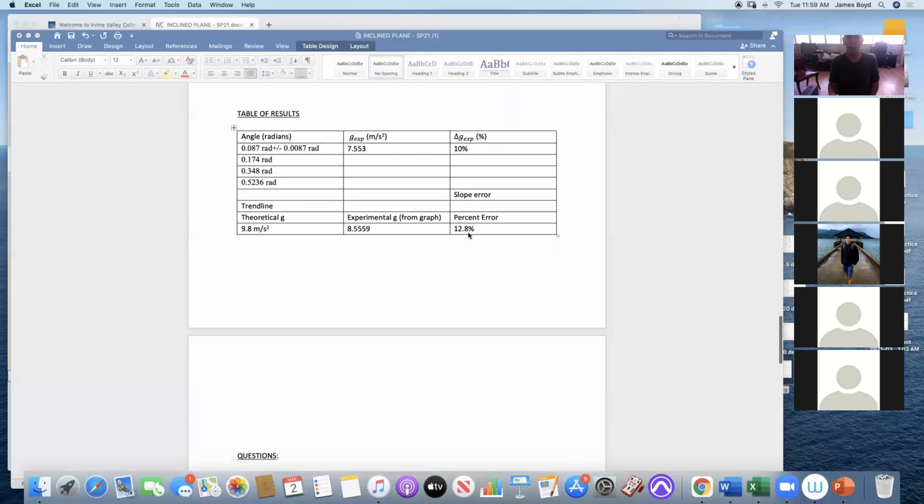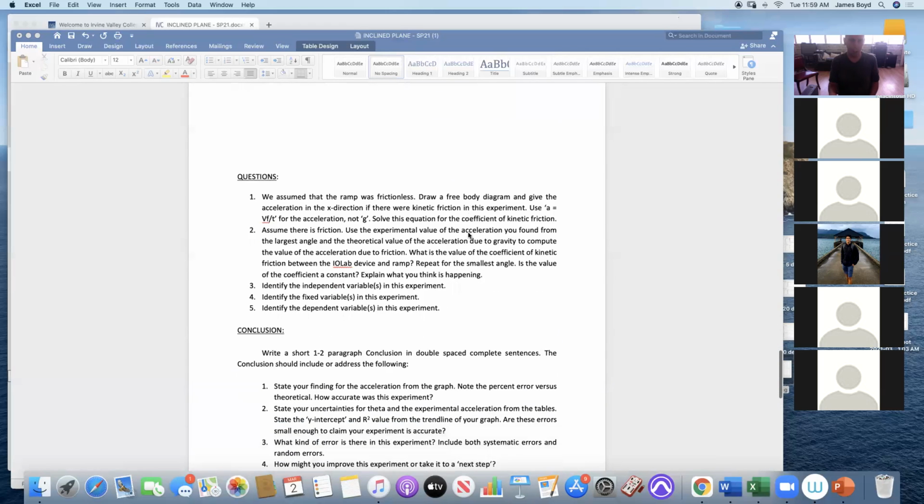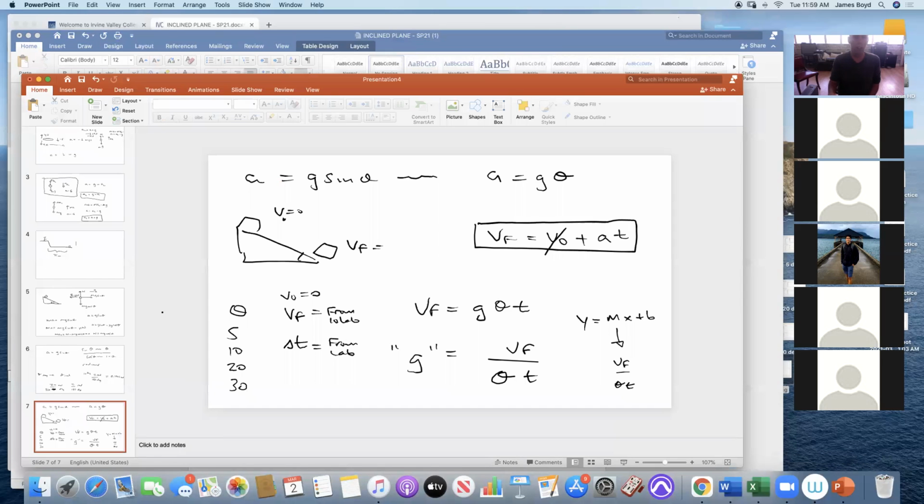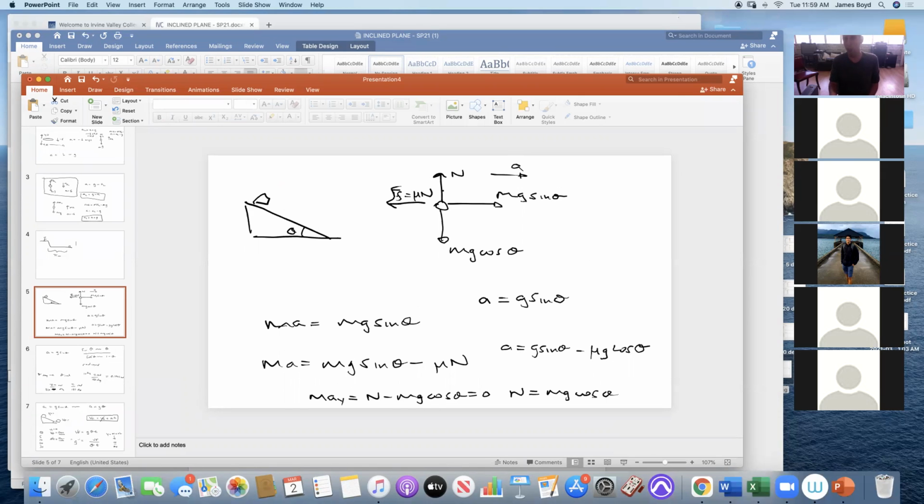And then the trend line. In the questions, we assume the ramp was frictionless. I want you to draw the free body diagram like I did here, this free body diagram here with friction.